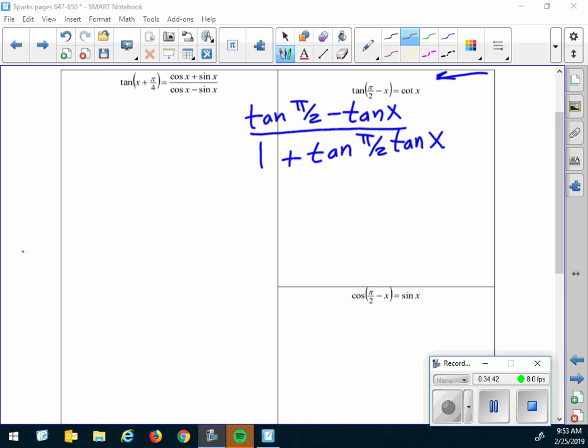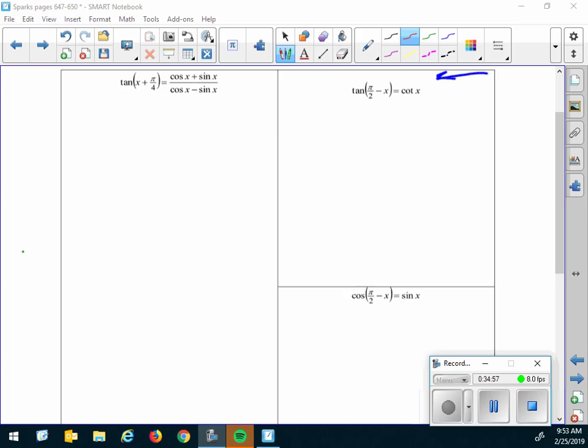Now here's the problem. That doesn't work. I cannot do this because sine of pi over 2 divided by cosine pi over 2 is undefined. So I got to see if I can find another way to do this. Well, I do know the tangent of anything is the sine of that thing over the cosine of that thing. And I can do that.